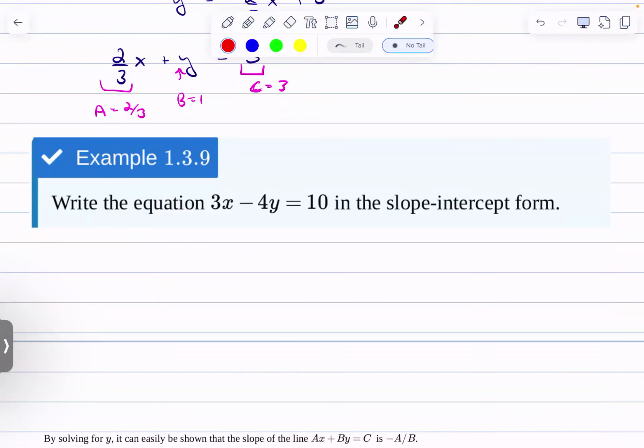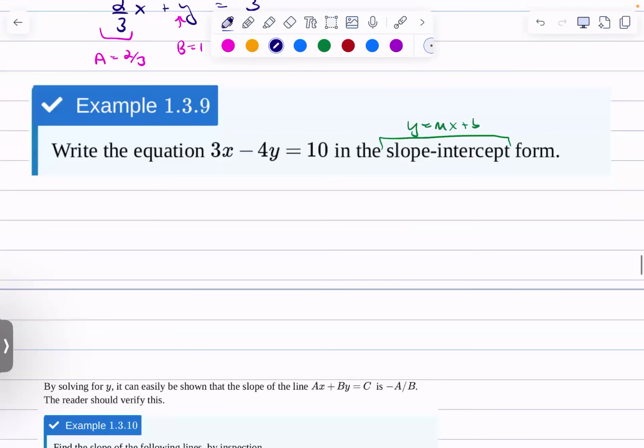Write the equation 3x minus 4y is equal to 10 in the slope-intercept form. Slope-intercept, my favorite, y equals mx plus b. All you need to do here is rearrange and solve for y, right? Push everything else to the other side. And so we have 3x minus 4y is equal to 10.